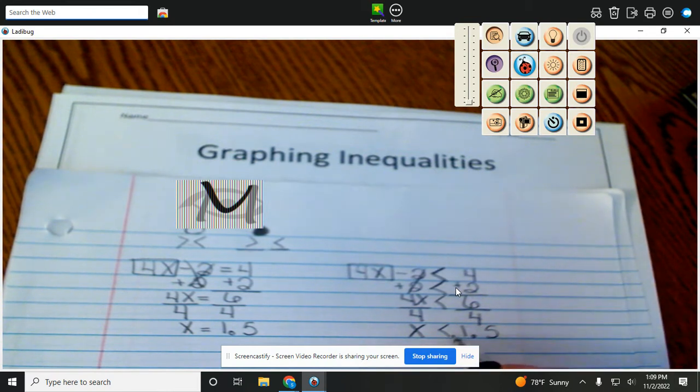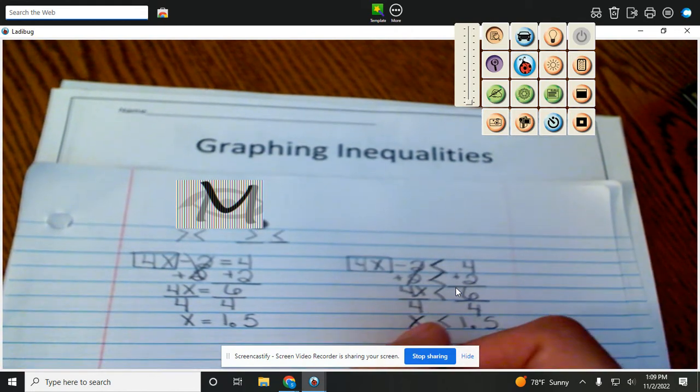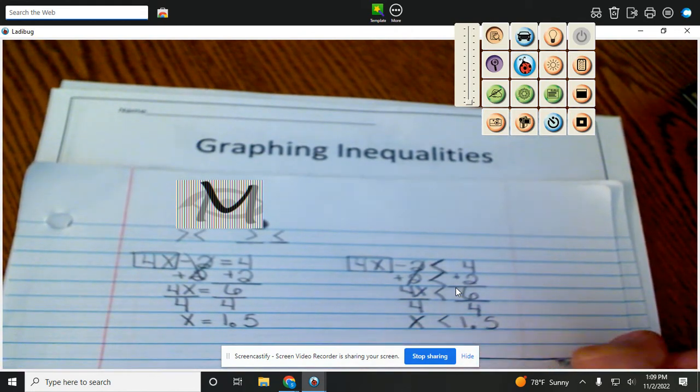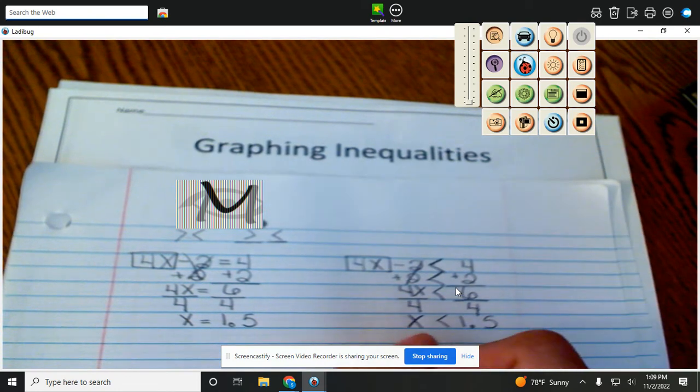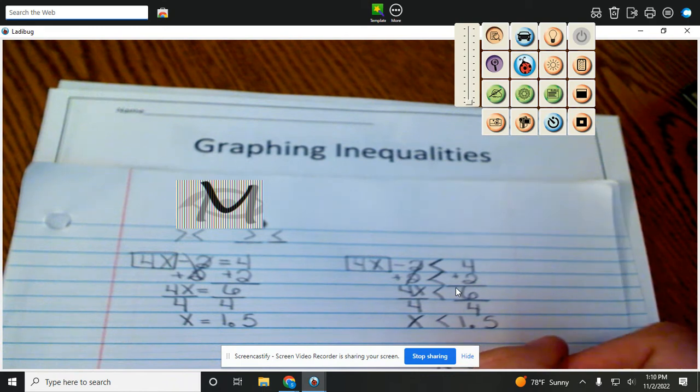So that means that everything on our number line, which is going into our graphing, is going to be represented with an arrow. We're always going to start at our 0 point. This is our 0.5, this is our 1, and then this is our 1.5.